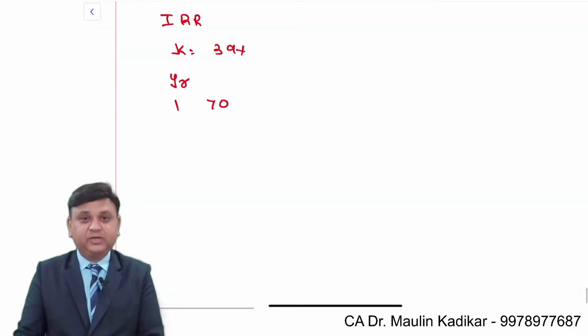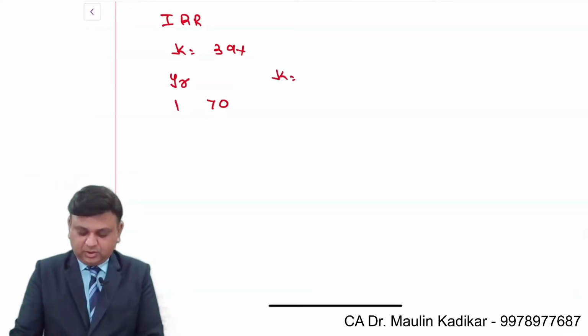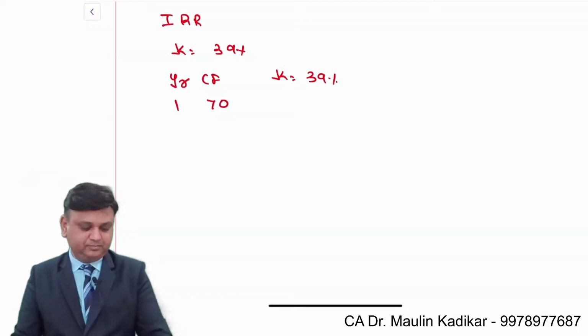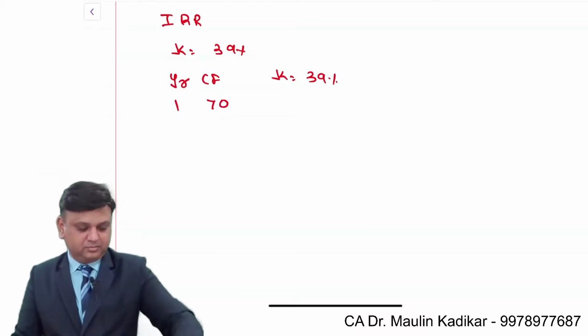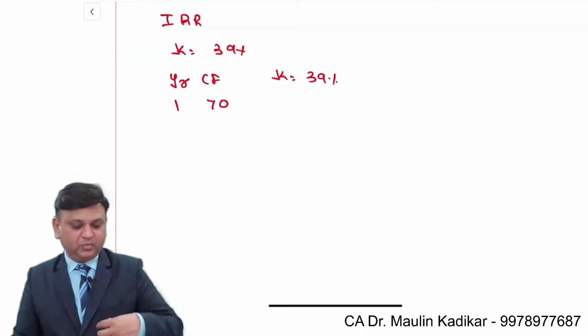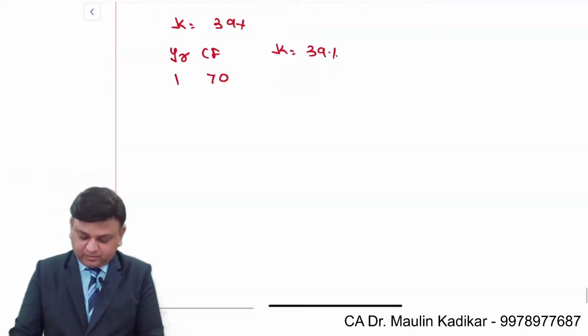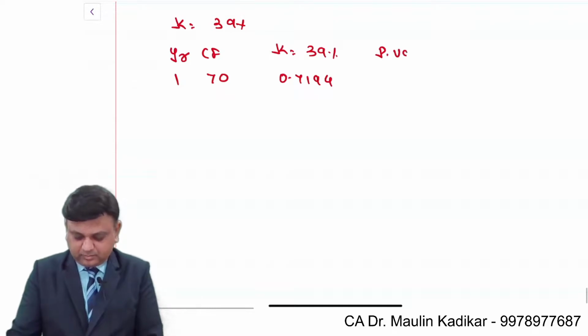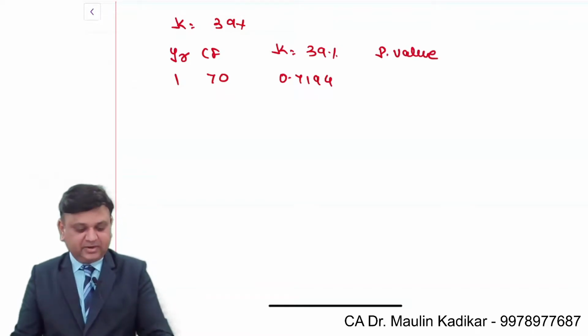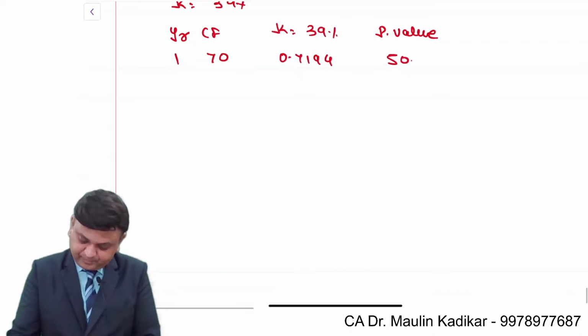Year 1 cash inflow is 70. You discount the cash flow at the rate of 39%. So the factor is 0.7194. Present value, 0.7194 into 70, so 50.36.